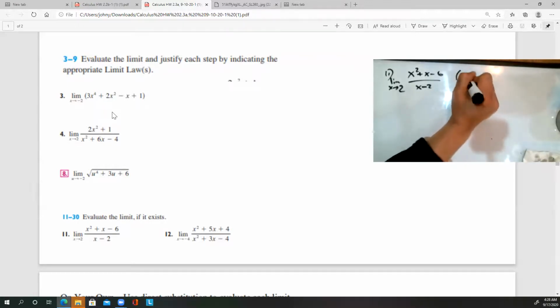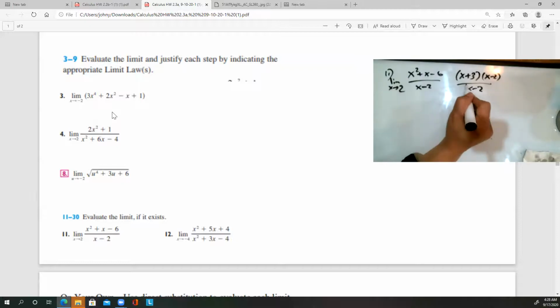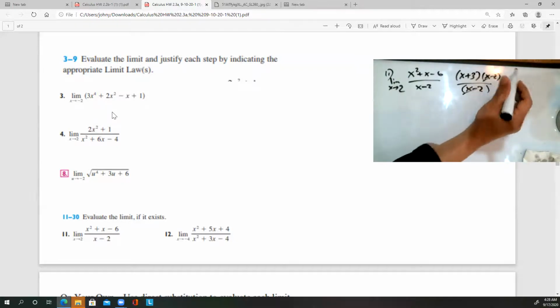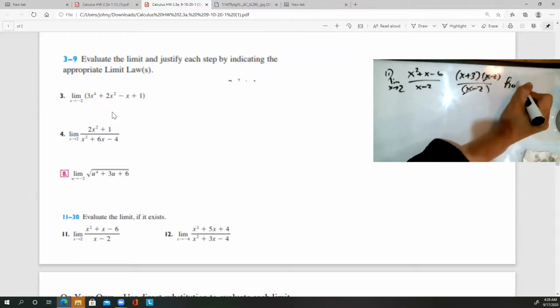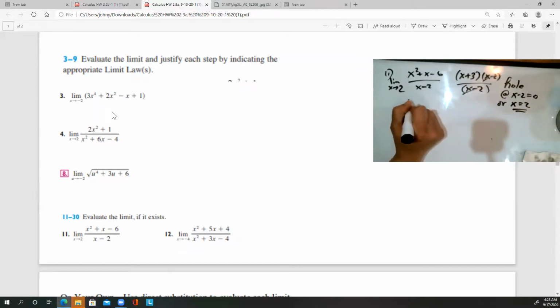It's going to be x plus 3 times x minus 2, all over x minus 2. And what you notice is the x minus 2 will cancel out. If you can cancel the factors of x minus 2, there's a hole at x minus 2 equals 0, or x equals positive 2. So the function looks something like this.